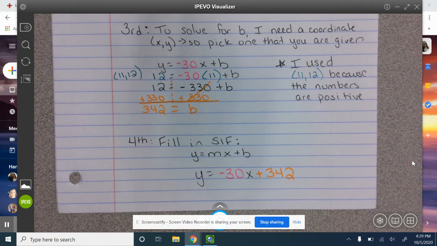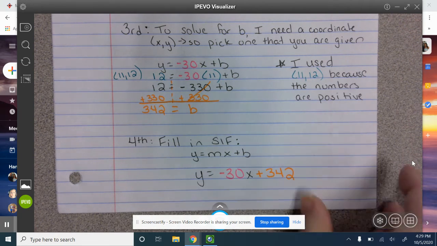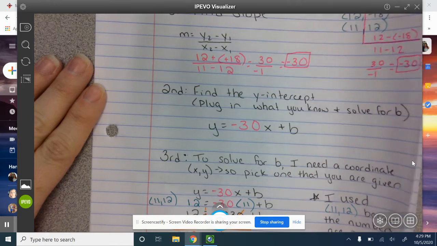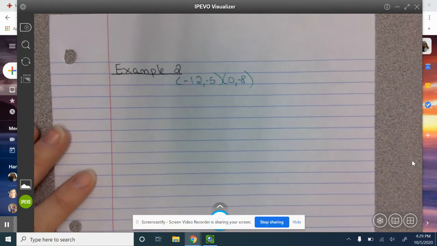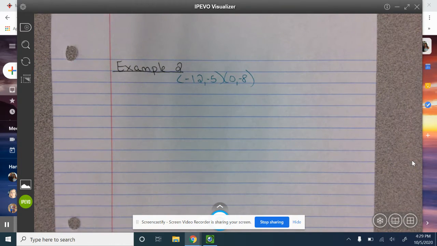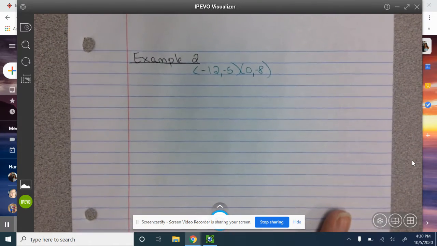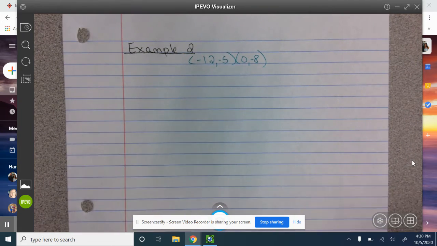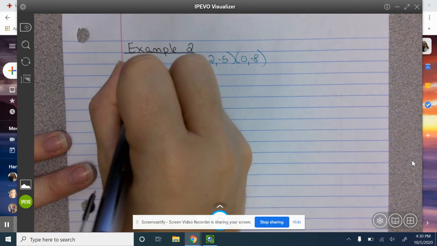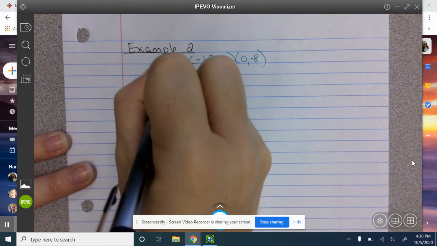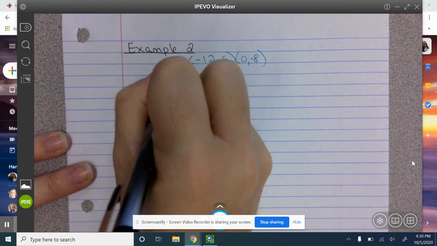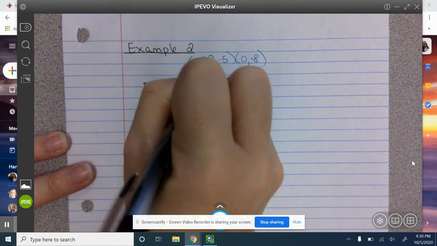Now, I'm not going to write out step-by-step instructions for the next two examples. So let's go ahead and look at those together. Here's my next example. So the first thing that I need to do is find my slope. So the formula for slope, m equals y2 minus y1 over x2 minus x1.